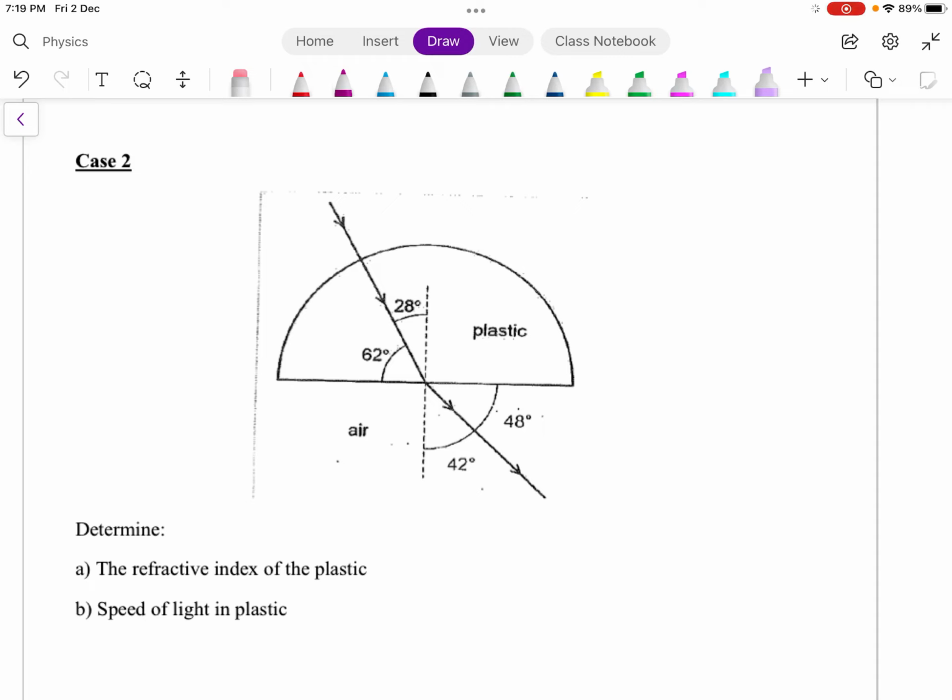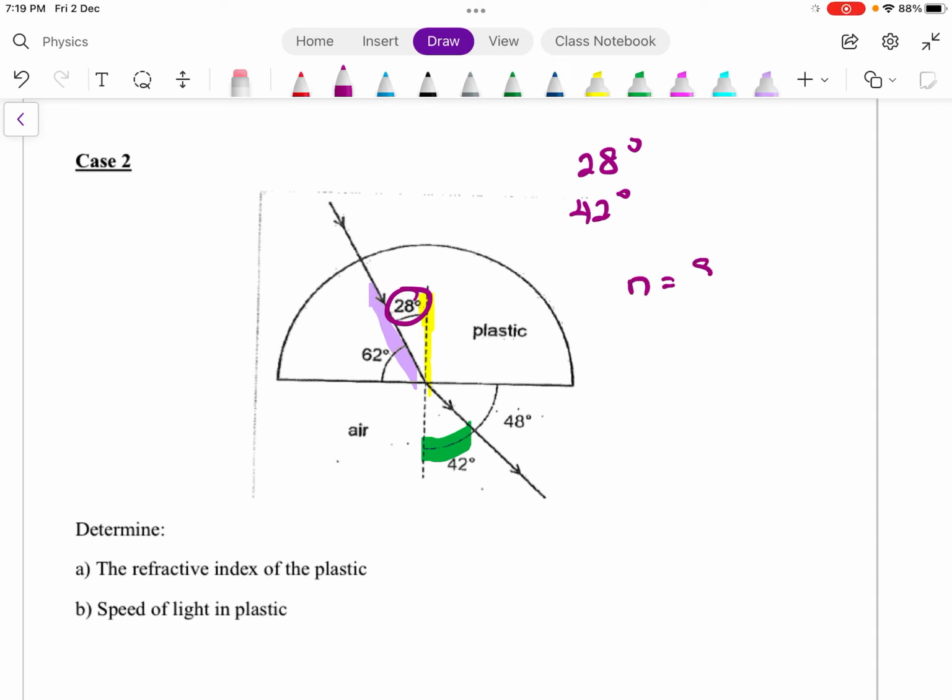We are always interested in the angle between the light and, of course, the normal. So we are interested in the 28 degrees. Let's write down 28 degrees first. Then next we are interested in this 42, right? So 42.